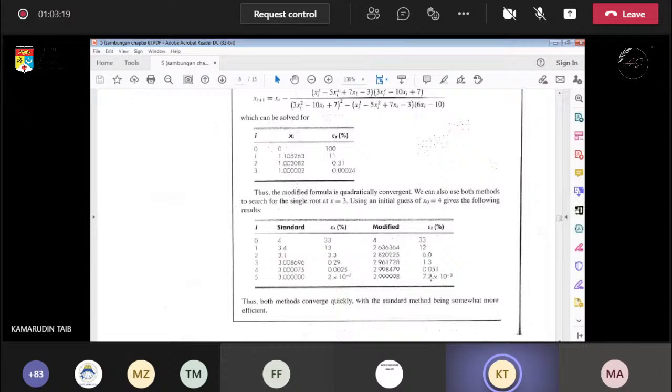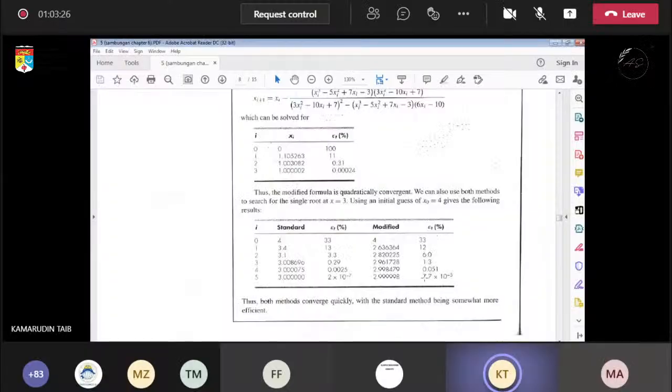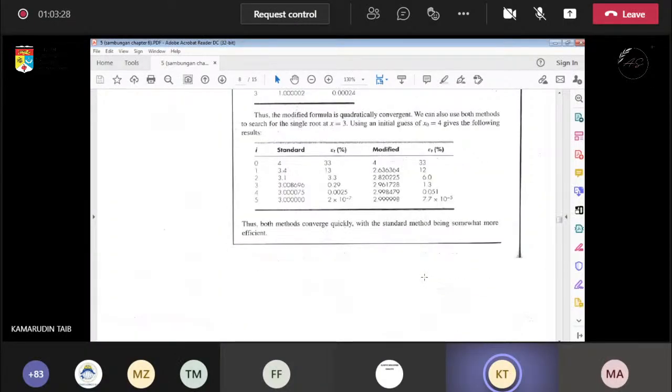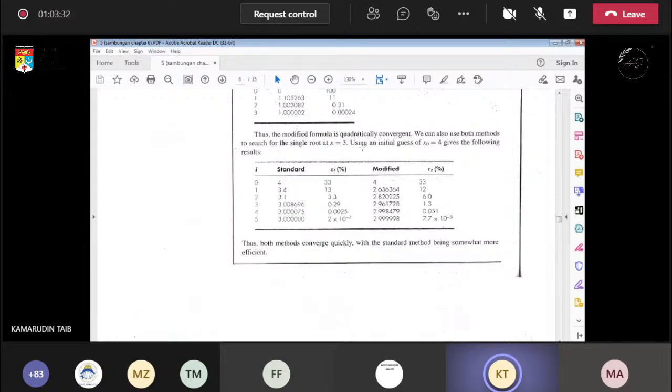Whereas here we got a similar value. So the standard method for this particular second root, x equals 3, which is a single root, turns out to be at the same level as the modified method.